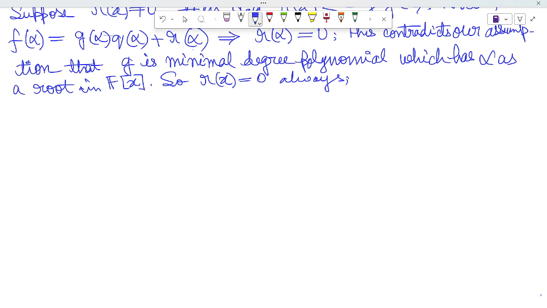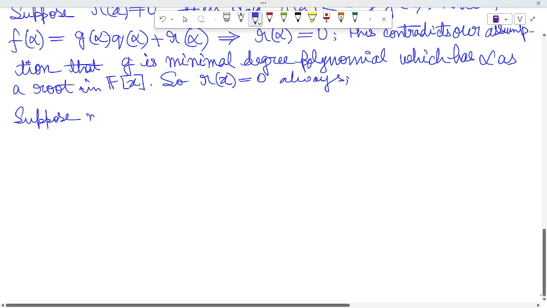Next, we need to show the minimal polynomial is unique. So it is clear from this.